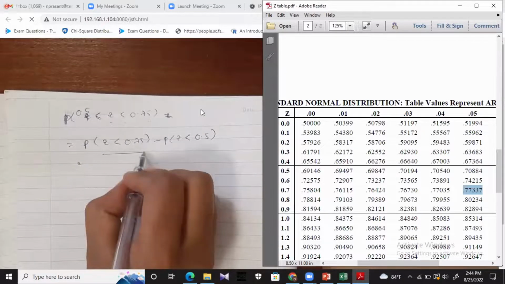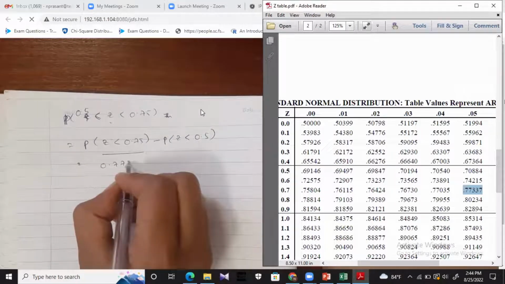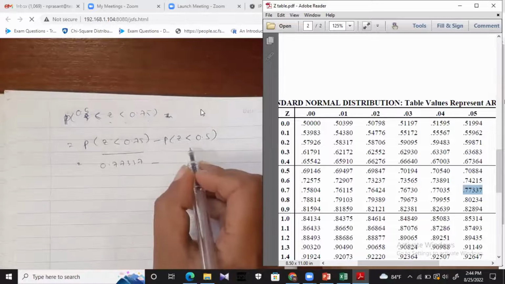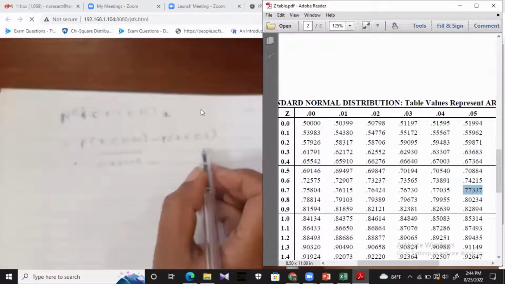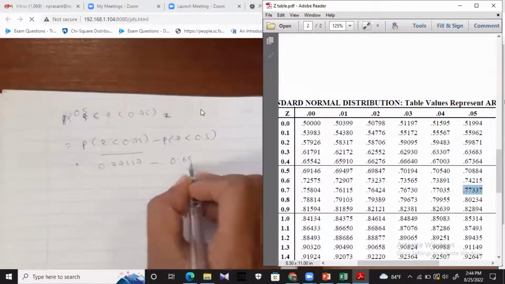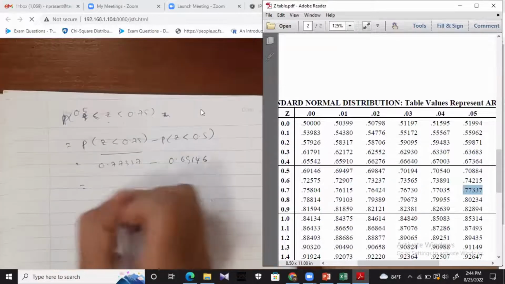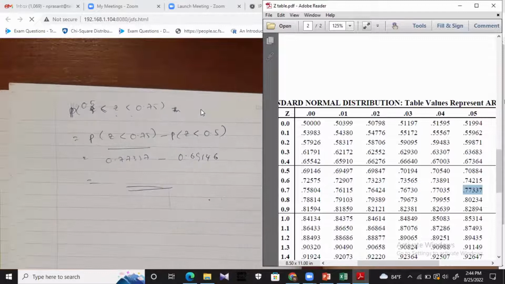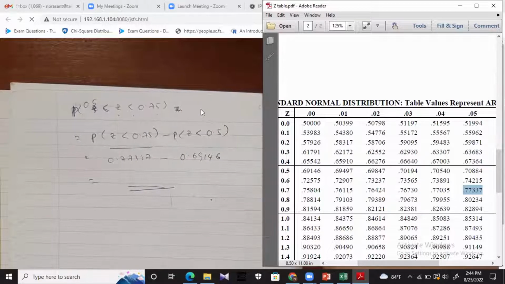P(Z < 0.75) is 0.77337 minus P(Z < 0.5) is 0.69146. Correct? It's easy to calculate. Okay.